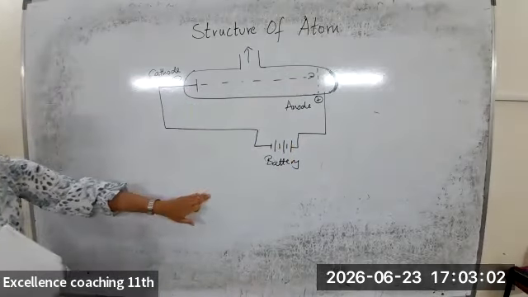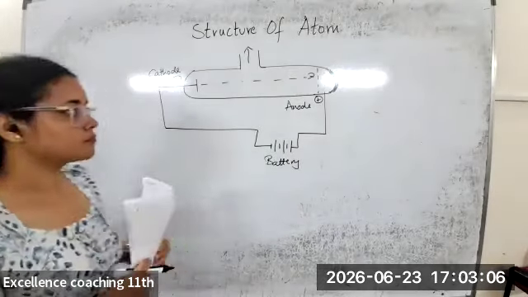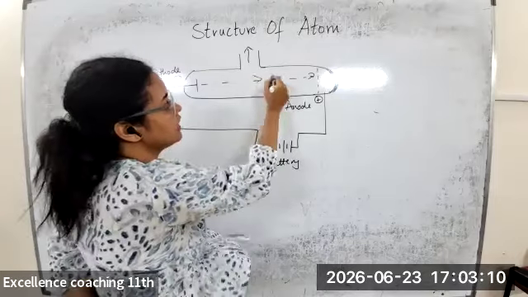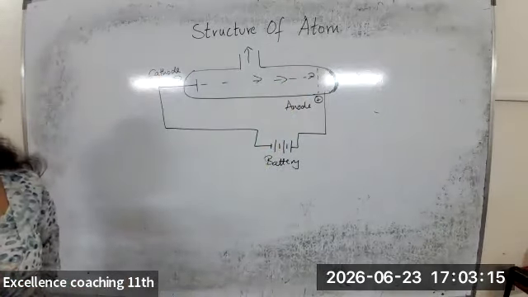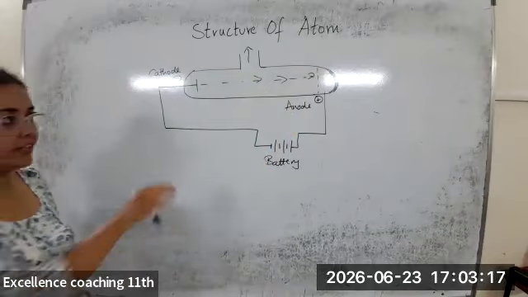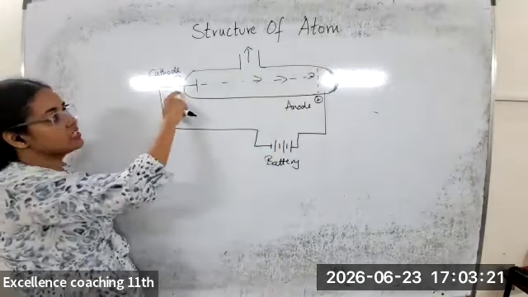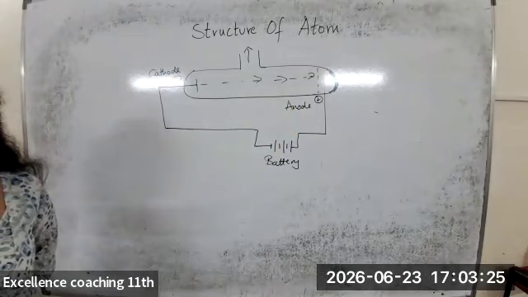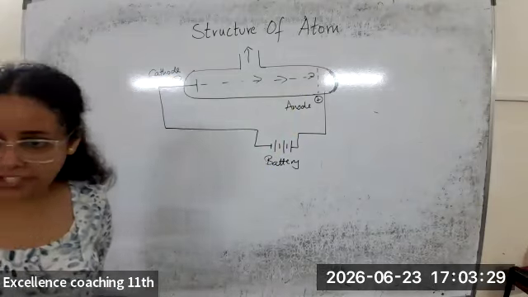Another thing he observed was that without an electric or magnetic field, the rays moved in a straight line towards the anode. But when he introduced a magnetic or electric field, he observed that the cathode rays, since they are negatively charged, acted like electrons. Electrons are also negatively charged.